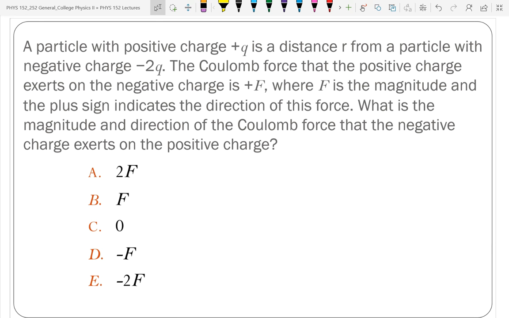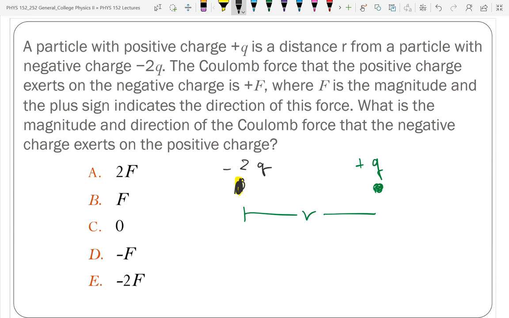So a particle with a positive charge of plus q is the distance r from a particle with negative charge 2q. So there's our physical arrangement.